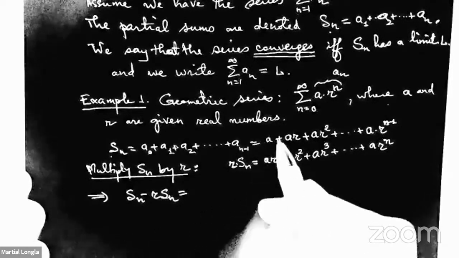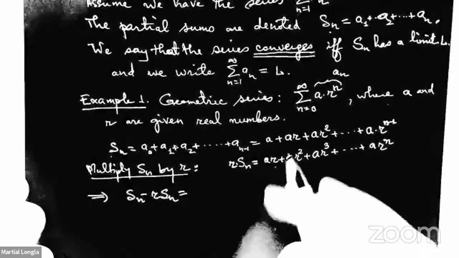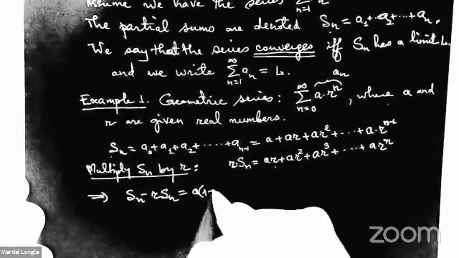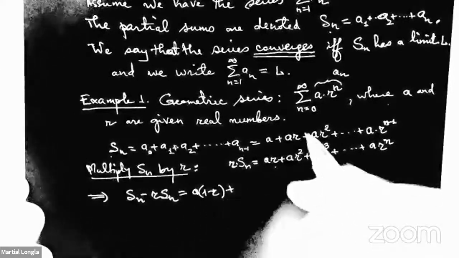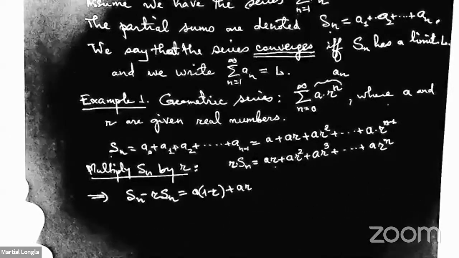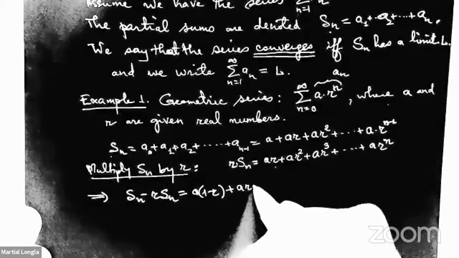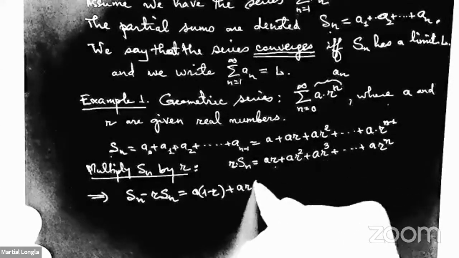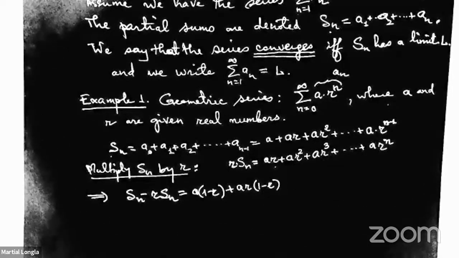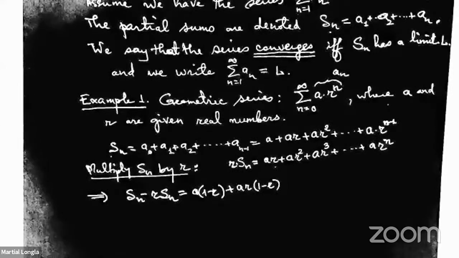I take the first two and factor out 1 minus R. So this is A times 1 minus R plus this here is AR times 1 minus R. Right?